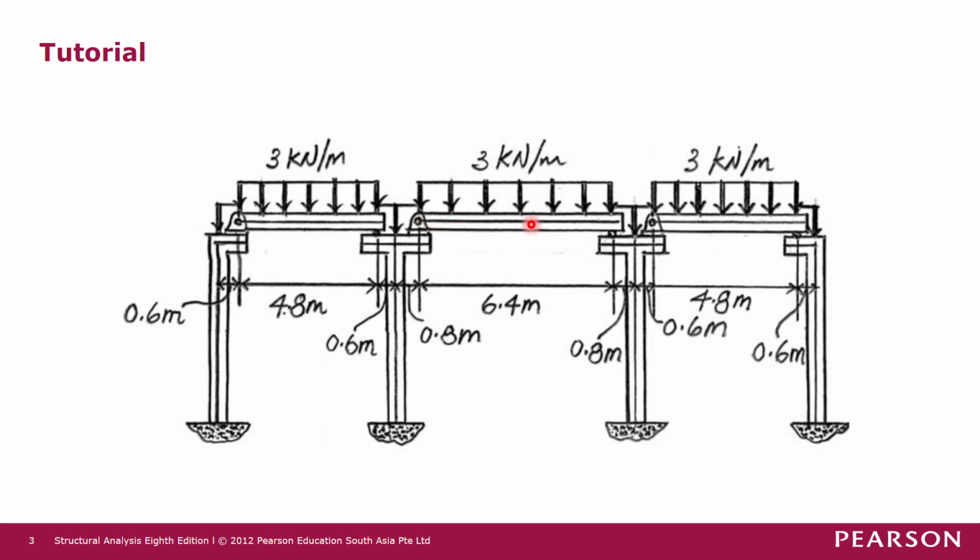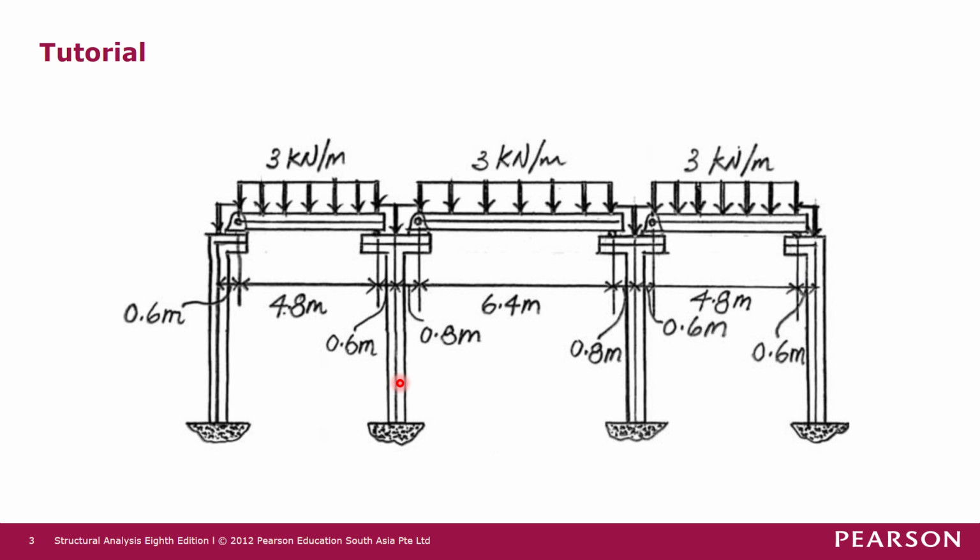For this simply supported beam here, we have 0.8 times 8 meters, so 6.4 meters, and then this is similar to this side. So each of these distances are 0.1 L, 0.1 L, 0.1 L, and 0.1 L.